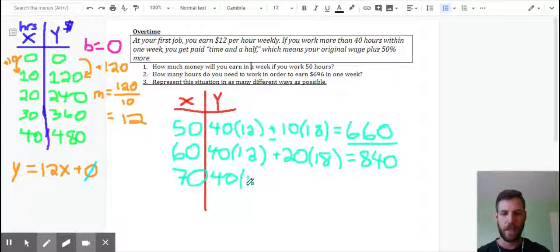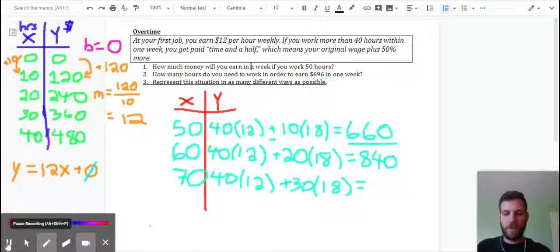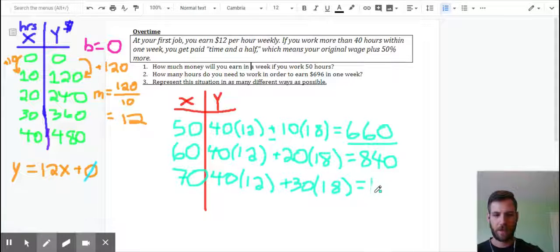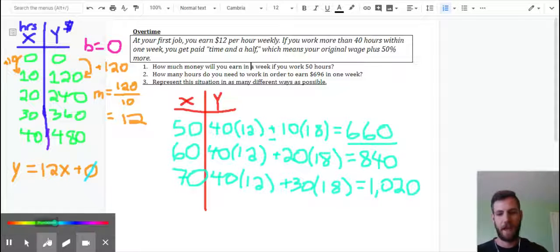And so I have 40 times 12 plus I have 30 hours times $18 for overtime. And that would give me a grand total of $1,020. And we can see, well, yes, that is a growth of 180 again.